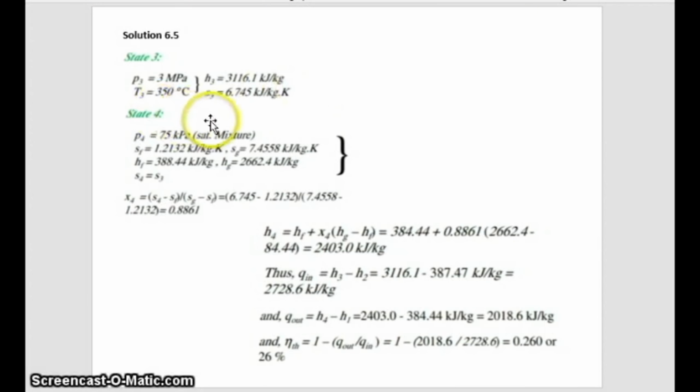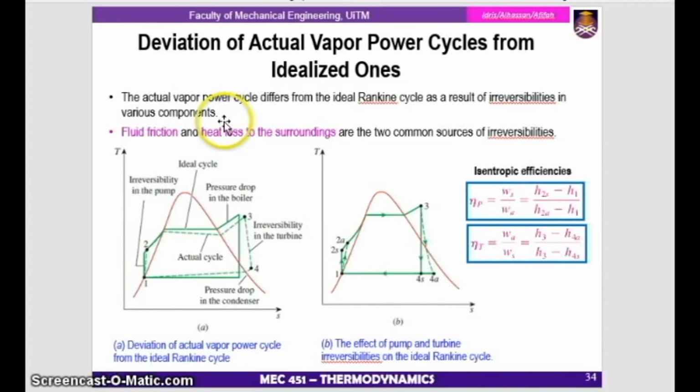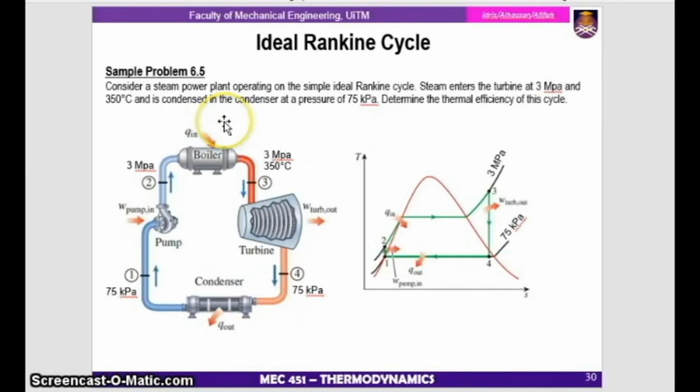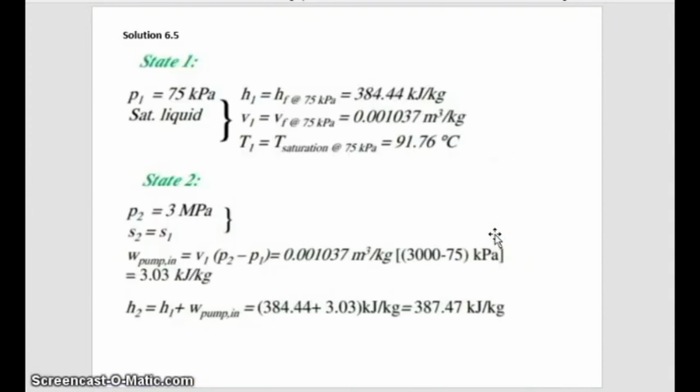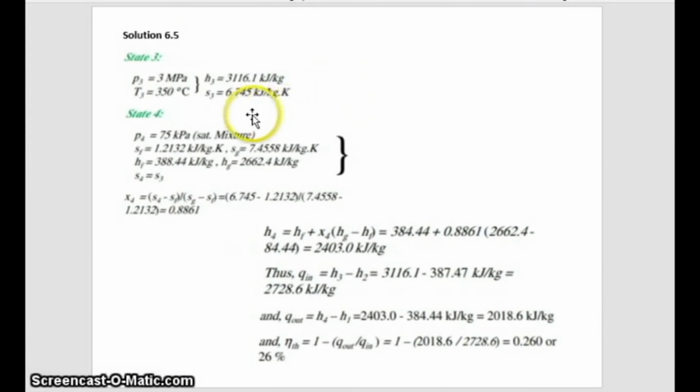Step number 4. At step number 4, you must first find whether it is in the mixture region or in the superheated region. To do this determination, from P4 you know that s3 is equal to s4.